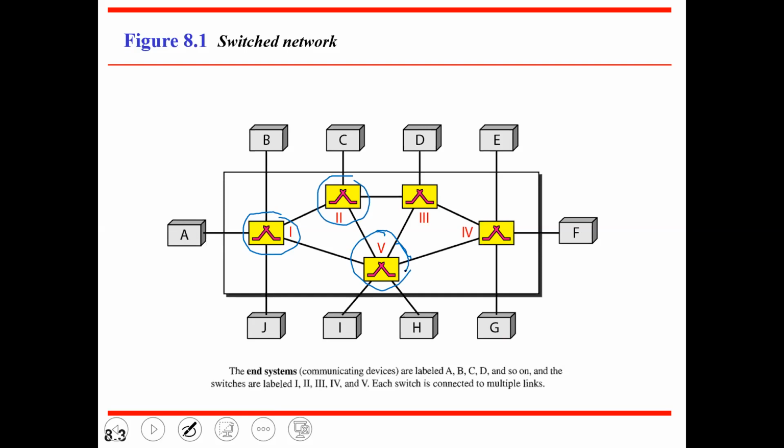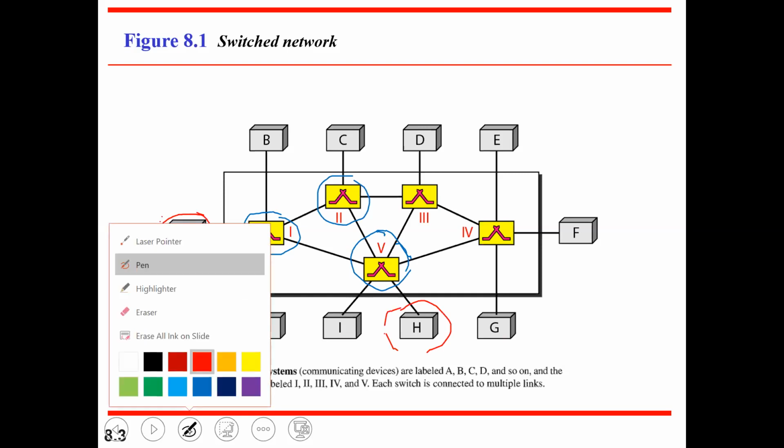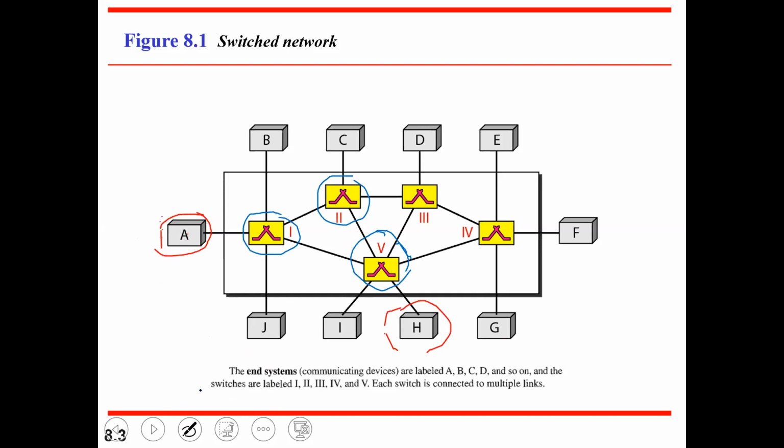Now let's say device A wants to send some data to device H, then the intermediary devices 1 and 5 would be creating the pathway. The pathway would be like this, right? So the switches are providing that service to maintain the data flow.